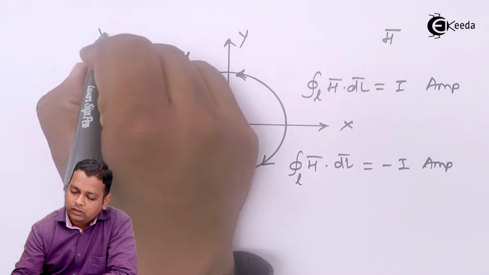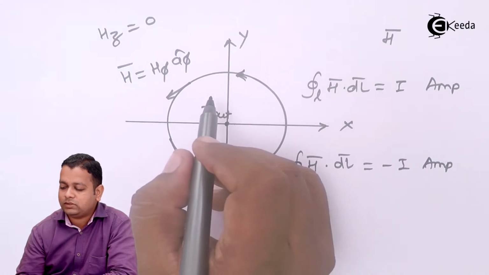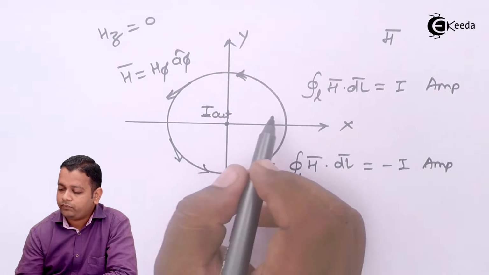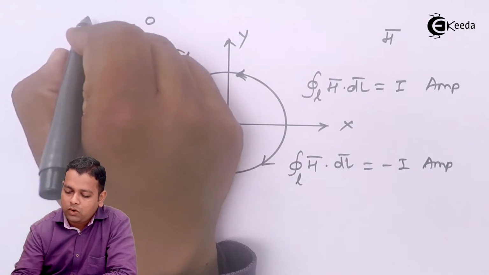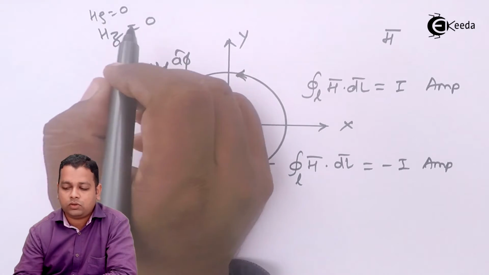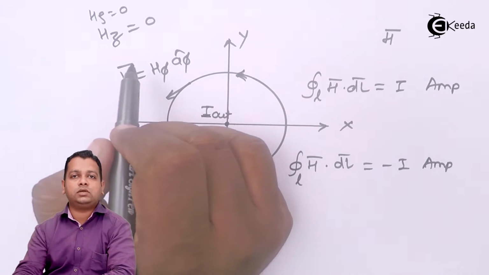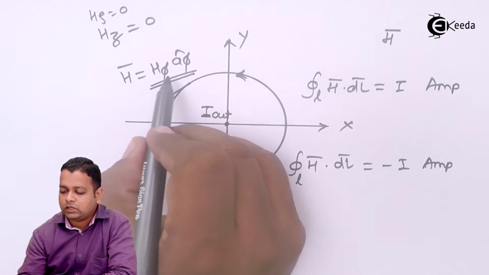Hence, H z will be equal to 0 if we take the z axis to be the axis passing through the center of that particular closed path, and it is not getting radially outward. Hence, H rho is also equal to 0. So out of the three components in the cylindrical coordinate system, we have only one part, that is H phi a phi cap.